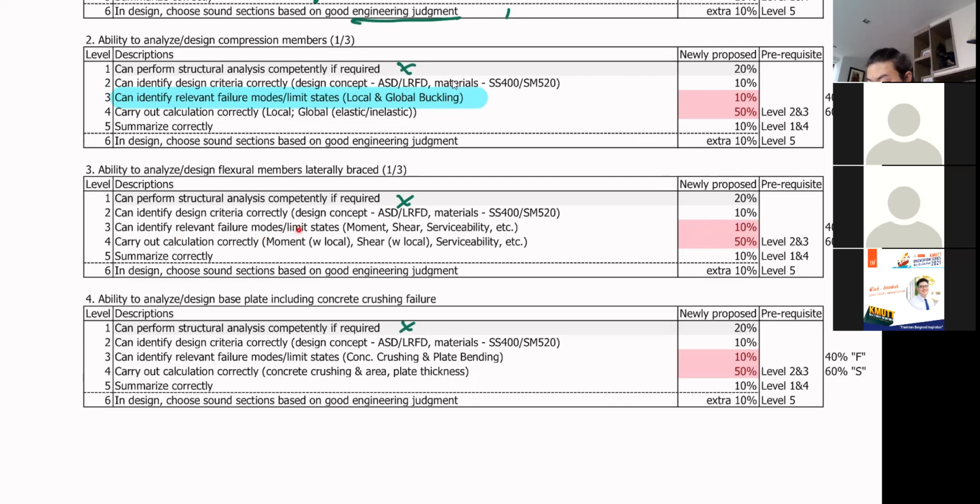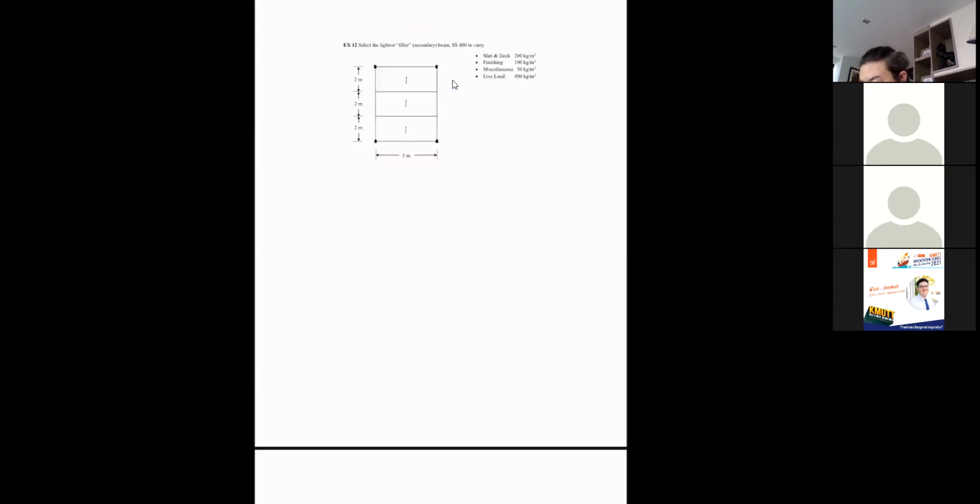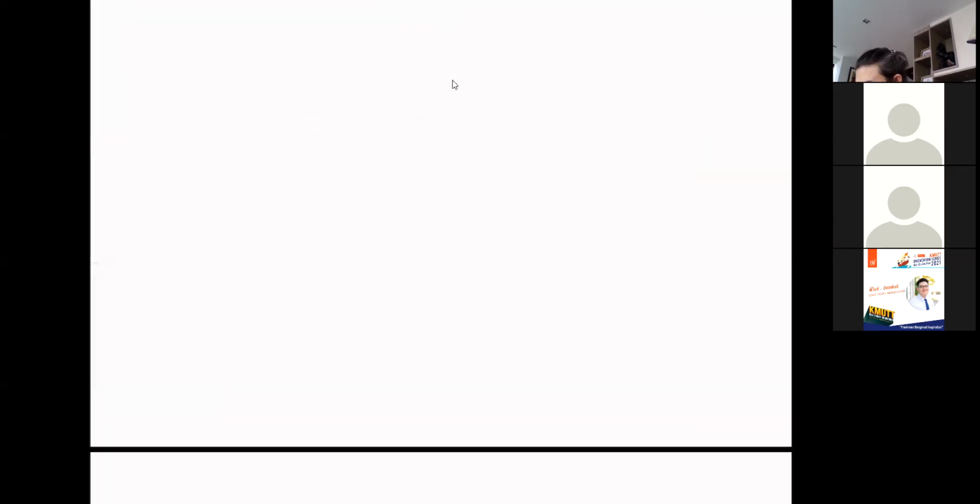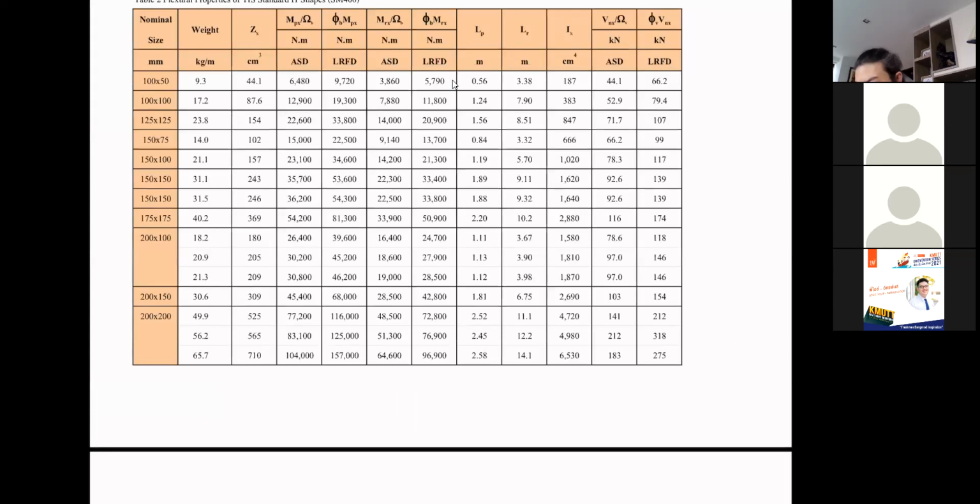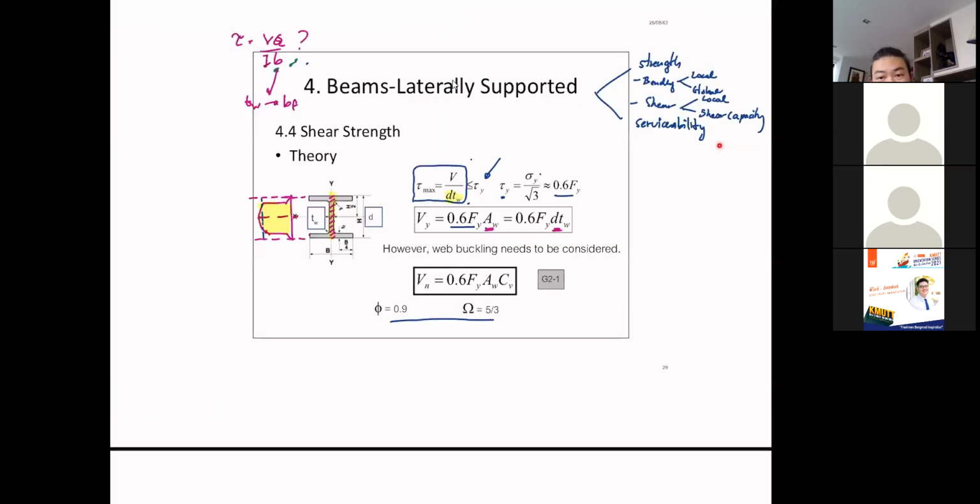Now, in order to get this 10% and move on to level 4, you must, oops, that's the wrong one. Where is it? Oh, it's here. You must be able to identify that when you design the beam, you need to check these 5 things.